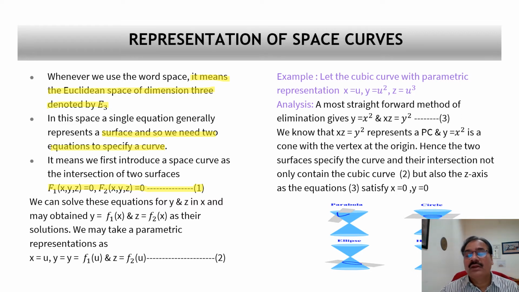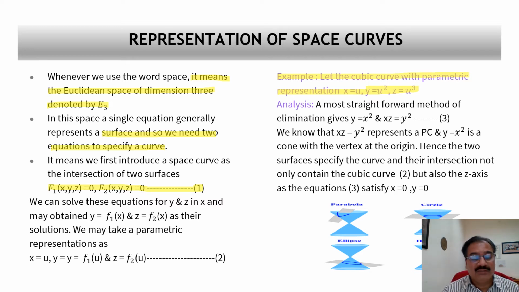For example, let us suppose this example is given. Let the cubic curve have the parametric representation x equal to u, y equal to u square, and z equal to u cube. Then what is the analysis of this cubic curve? The analysis is a most straightforward method of elimination.